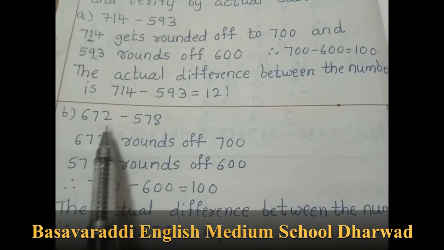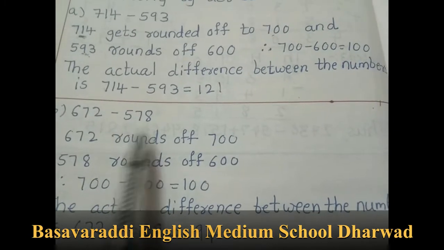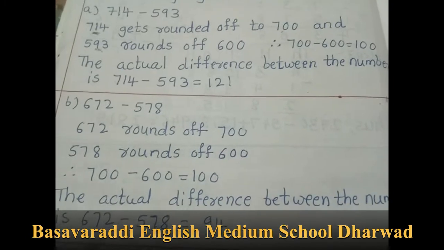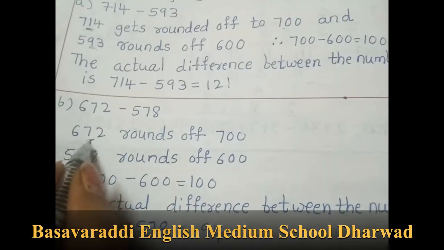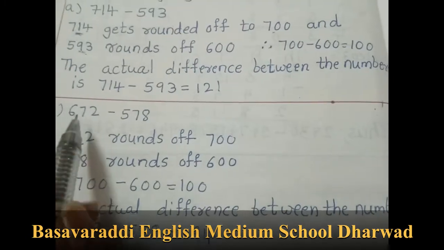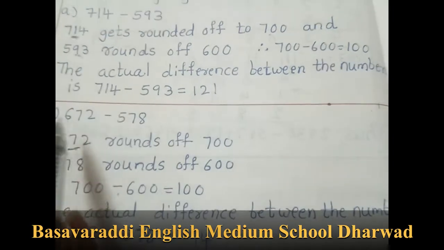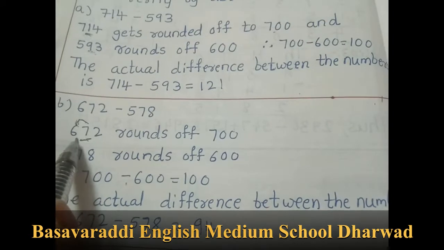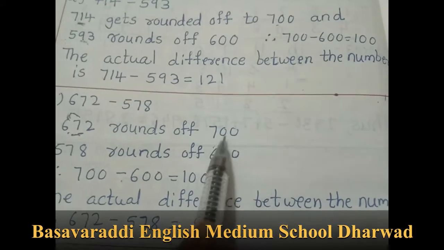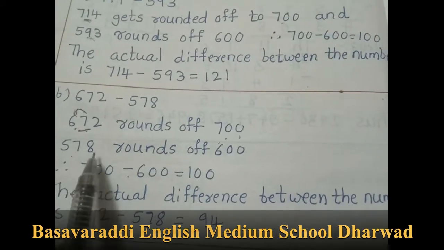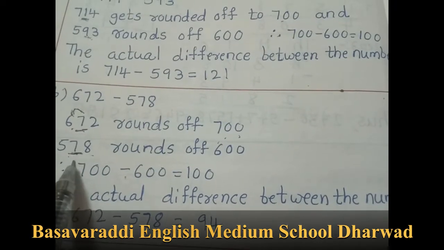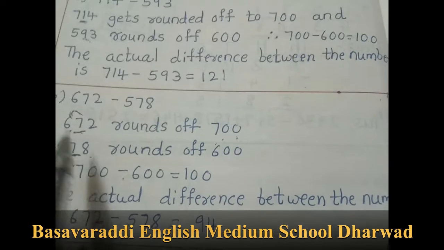Second one, 672 minus 578. So we are rounding this one. They are telling the 100 place, so we have to see the tens place, 7. 5, 6, 7, 8, 9 means we have to push up to the 100 place. Then 6 plus 1, 7, and the tens place is 0, ones place is 0. 578, we have to see the tens place. Is it push up or push down? 7 means push up.